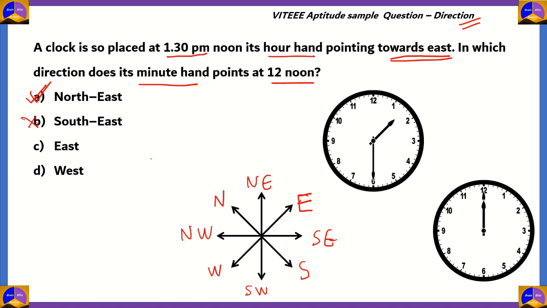Therefore, that is also incorrect. And option D, west, would mean that the minute hand would be somewhere here, so that is 12:38, which is also incorrect. So the correct answer for the direction of the minute hand at 12 noon is option A, northeast.